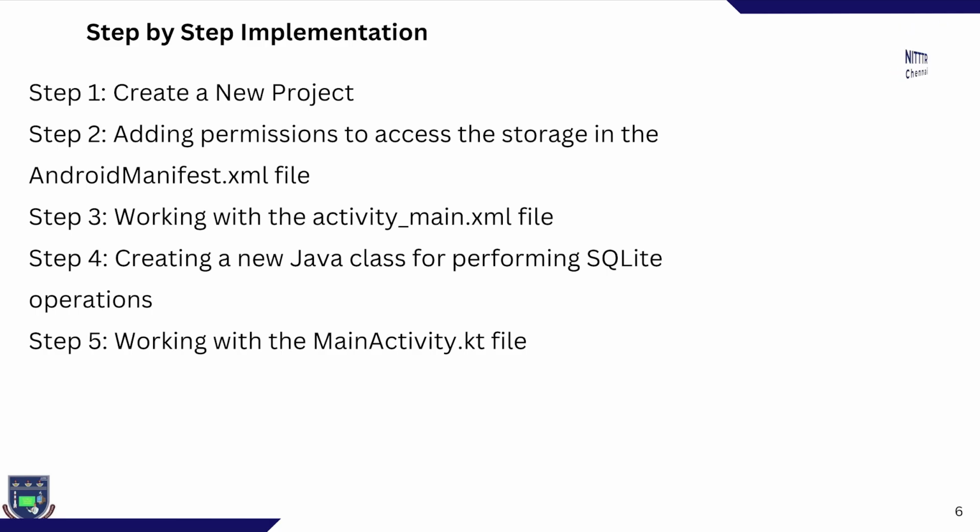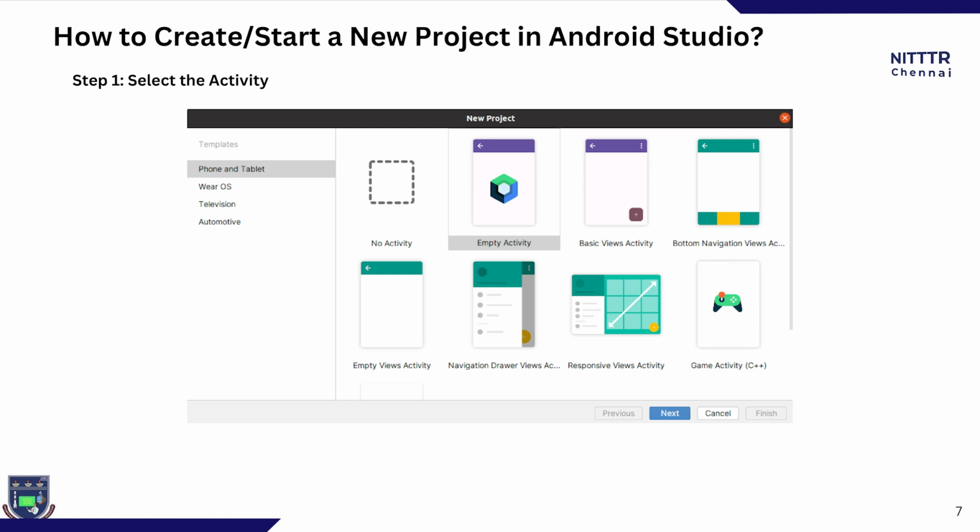The first step is to create a brand new Android project. For that, we have to open Android Studio and, from the welcome screen, click on New Project. Then we choose Empty Activity as the template and click the Next button.